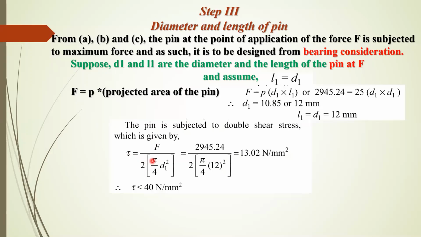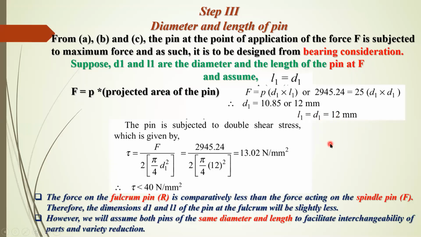Force per unit cross-sectional area gives the shear stress as 13.02 Newton per mm square. We calculated the permissible stress in step 1 as 40 Newton per mm square. The shear stress induced in the pin is less than the permissible stress, so the design is safe. Design for the pin is safe, so we can take the diameter and length of the pin as 12 mm.